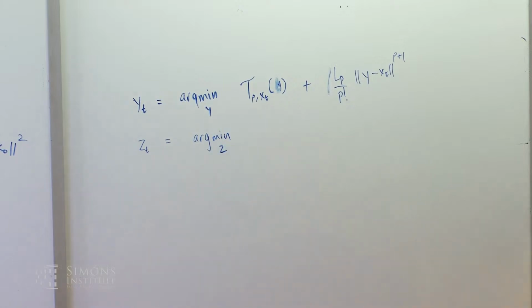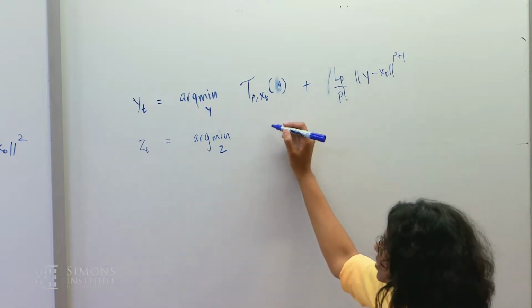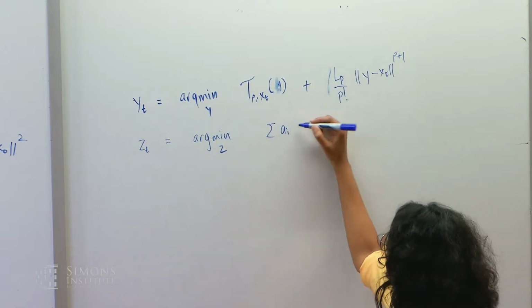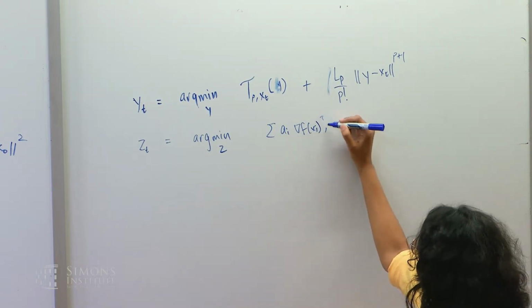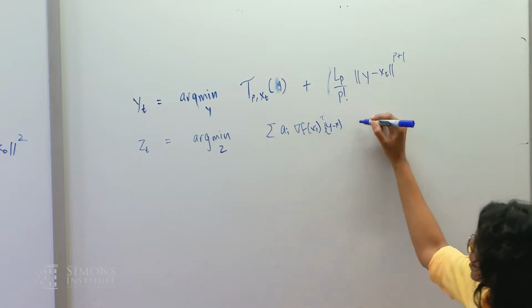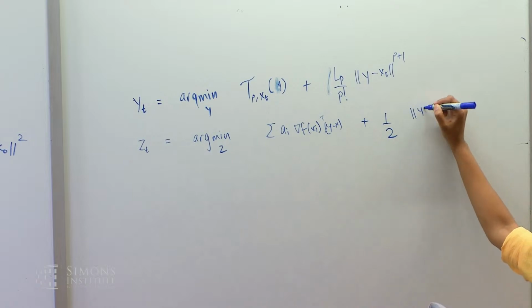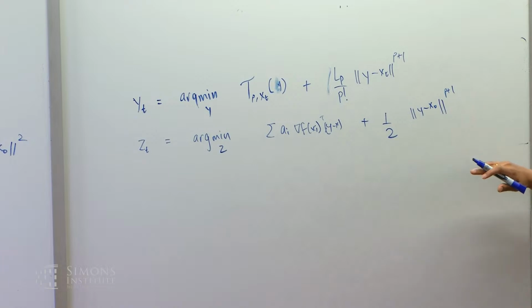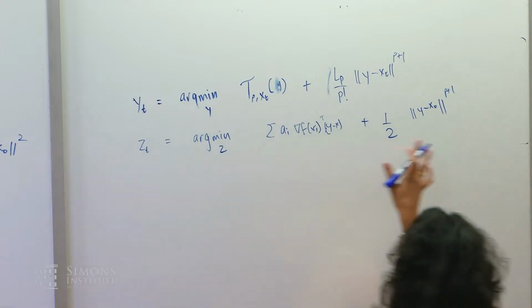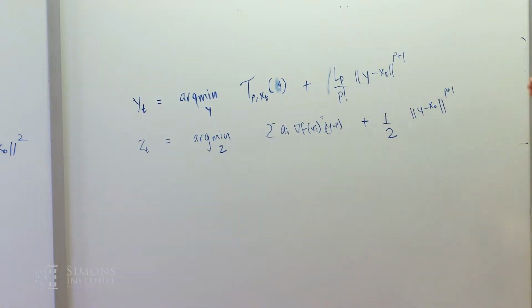Yeah, it's still 2 norm. Everything is Euclidean. So now you have the same linear combination of these xi's. But the regularization here is minus x naught to the p plus 1. So they changed this to p plus 1. They changed this to minimize the upper bound in this case.